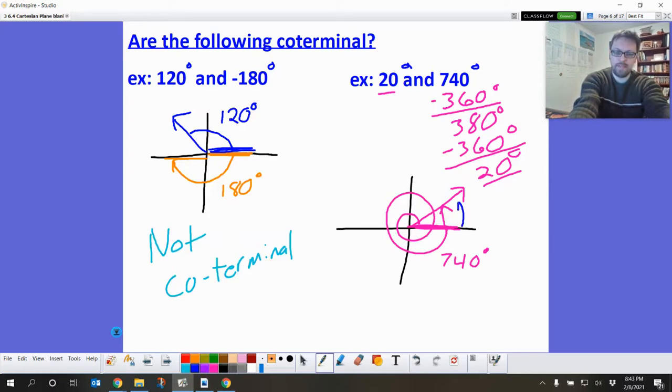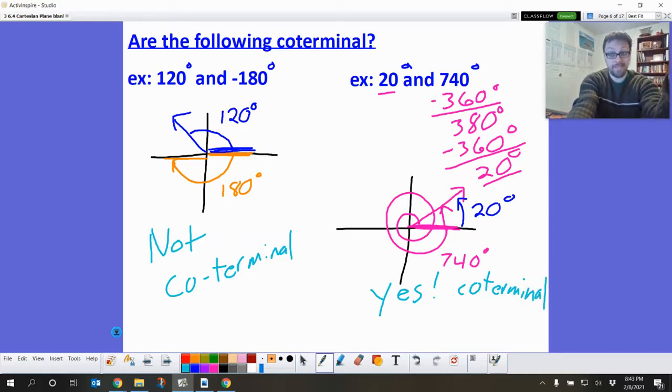They weren't really necessary. A coterminal angle with it would be just 20 degrees. It'd be much simpler to work with 20 degrees than it would be to work with 740 degrees. So yes, these are coterminal because their terminal side, their end spot, is in the exact same spot.